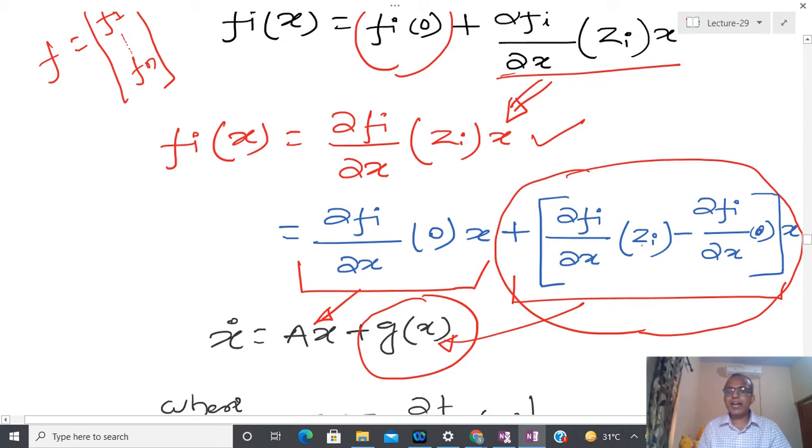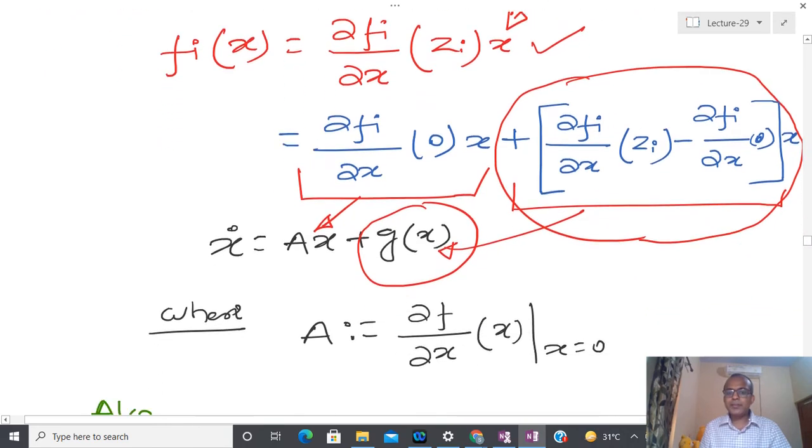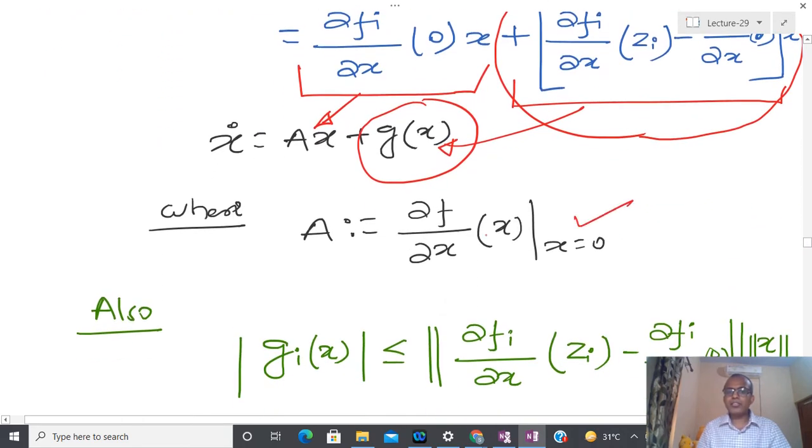I have added and subtracted the same term, and this part is the partial derivative of f with respect to x at x equal to 0. If you substitute x equal to 0, the same terminology comes into the picture; that is the linear part.